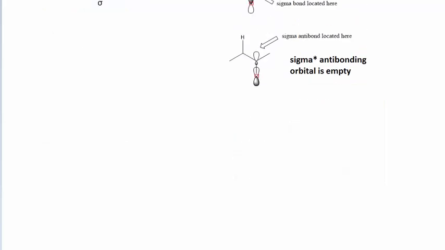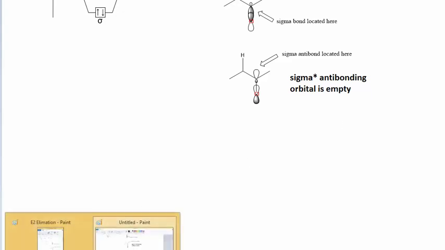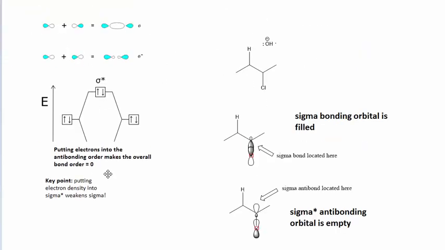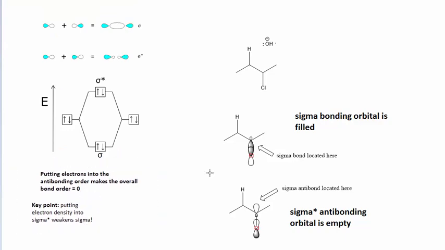I'm going through this slowly because this is pretty hard for a lot of undergraduates to understand, but it is incredibly important. Okay, so focusing back on this diagram, the reason I have this filled is because I want to make a point. If you remember back to bond order, if you have the sigma filled and the sigma star filled, your bond order is 0, and you actually have a collapse.